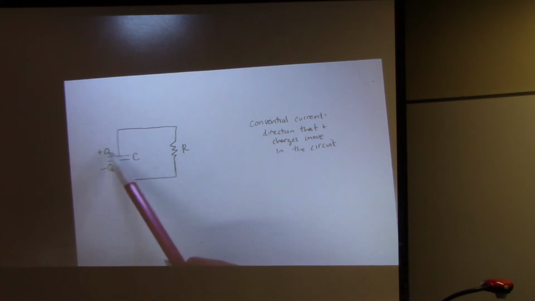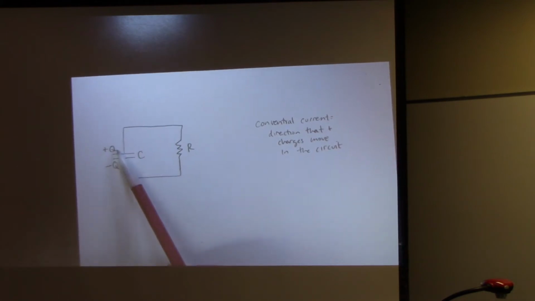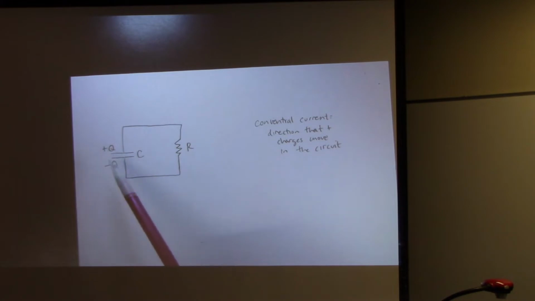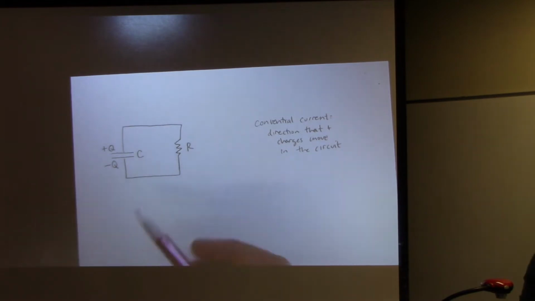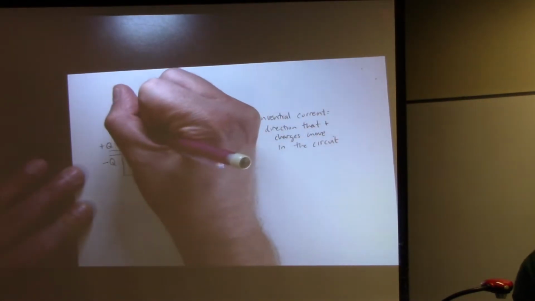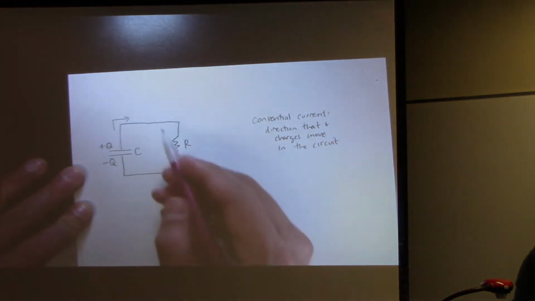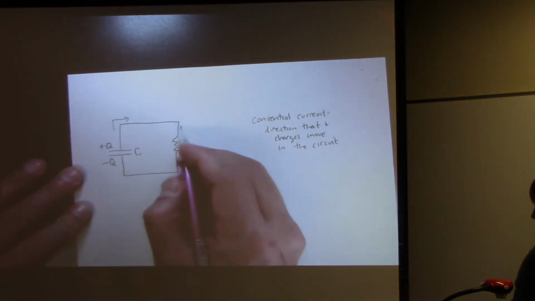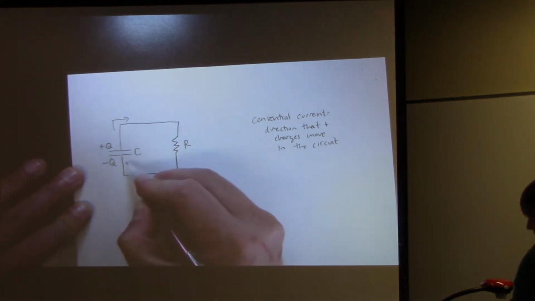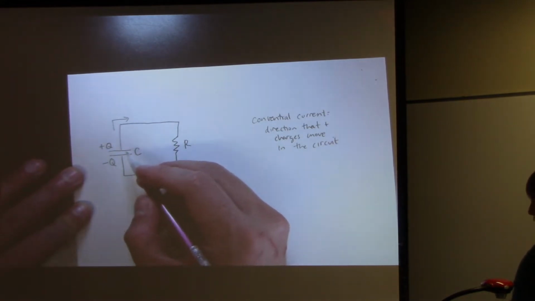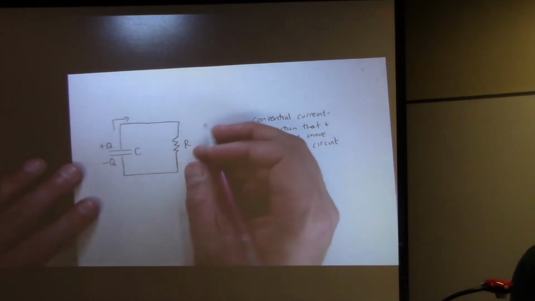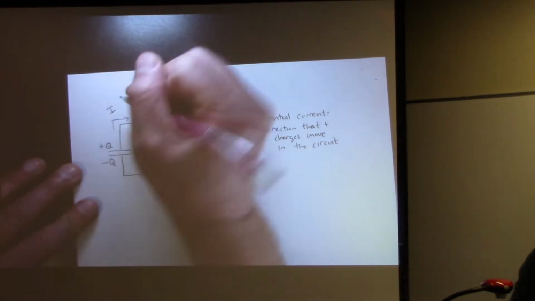Well, I have a bunch of positive charge on the top plate here, and positives tend to attract negatives, and they're going to want to get as close to the negatives as possible. But unless we actually make a path for them to flow, they're going to stay separated. But actually, they do have a path to flow. My positive charges are going to want to move this way, up through the wire, through the resistor, and then to the negative plate, where we can basically neutralize the charge altogether. So this is the direction of our conventional current.